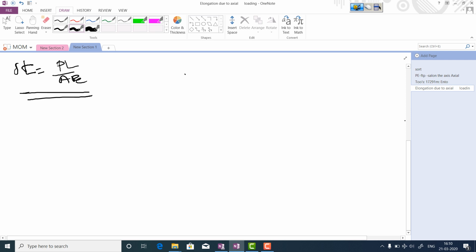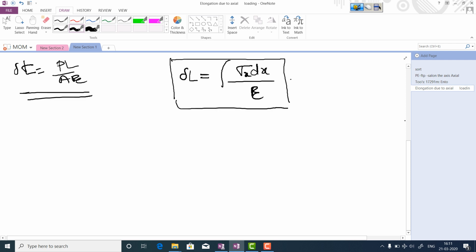We can use this equation as the integration of sigma x dx upon E, or we can use the integration of P dx upon AE.